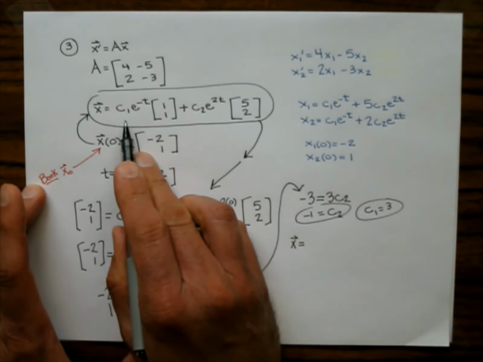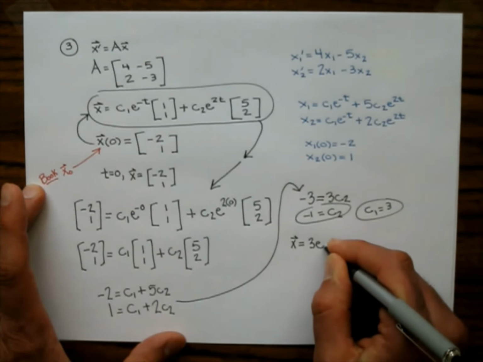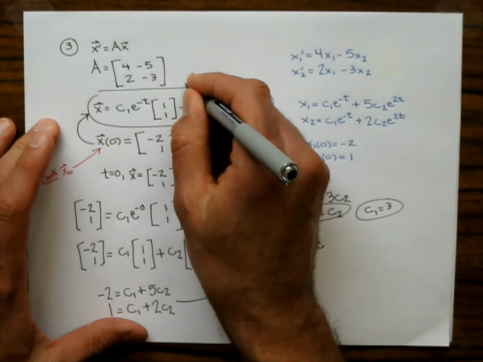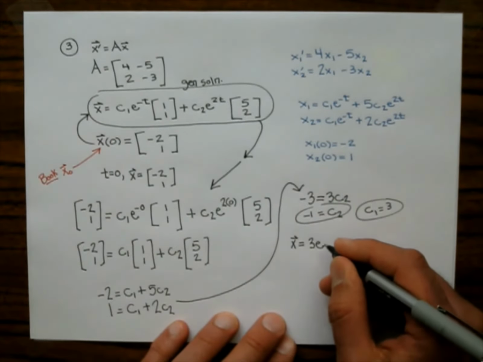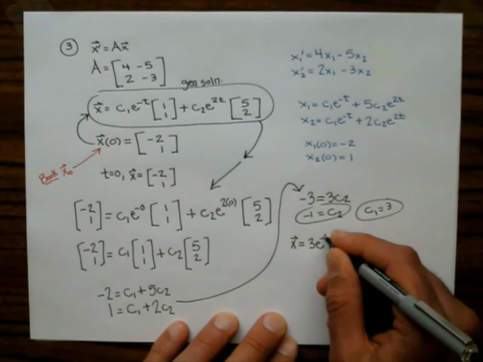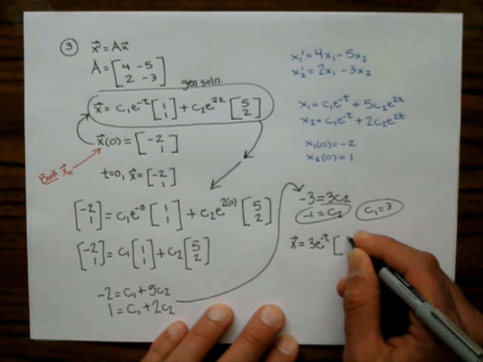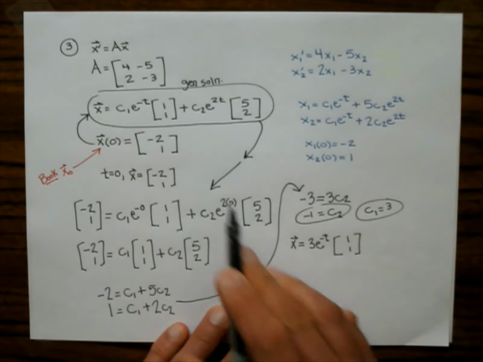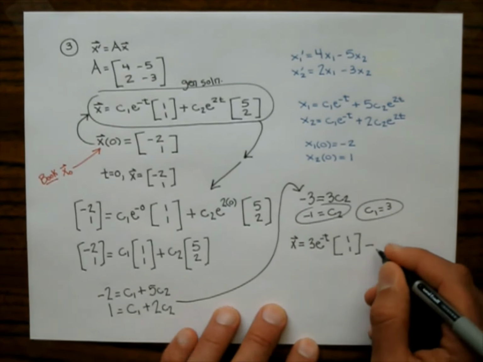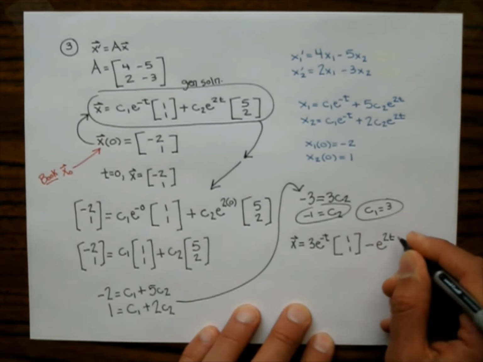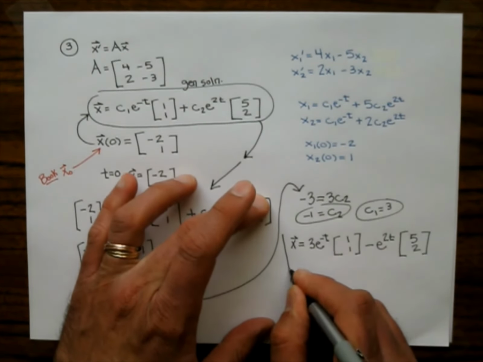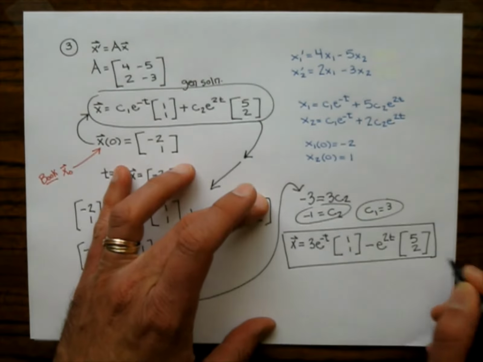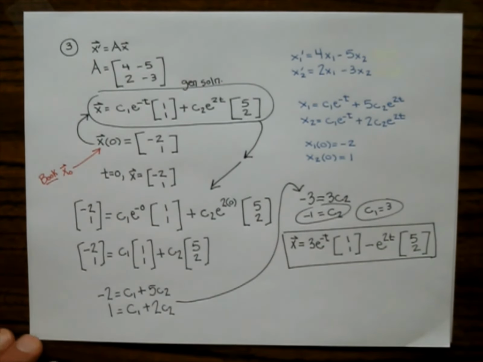I'll replace the C1 with a 3, so I'm just rewriting this general solution: 3e to the -t, 1, 1, and then plus C2, or minus, e to the 2t, 5, 2. So that's how you take care of initial conditions if you're given them. You're not given them that much in your homework, but when you are, that's kind of what you do.